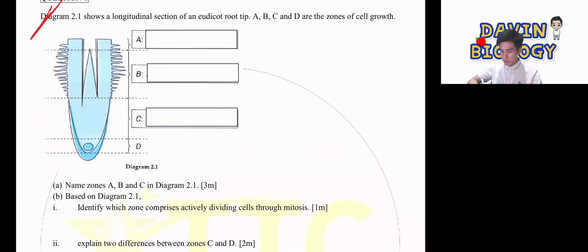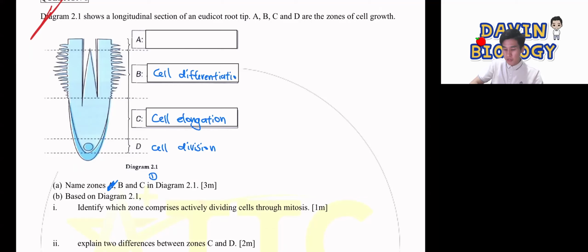Sorry, actually here there is a bit of a mistake, because this is supposed to be zones B, C, D. A is not considered a zone. Now you can see here, this is division. This one is the zone of cell elongation. This one is differentiation, like we just mentioned earlier.